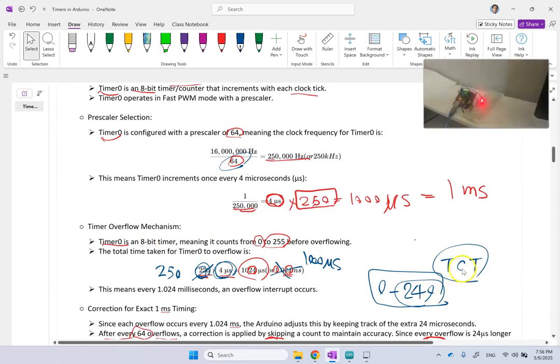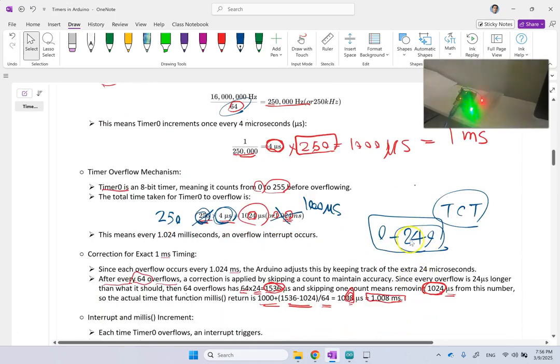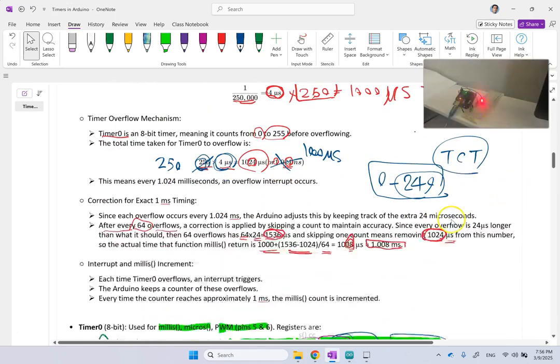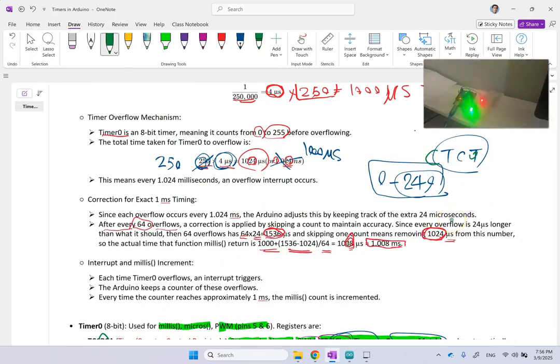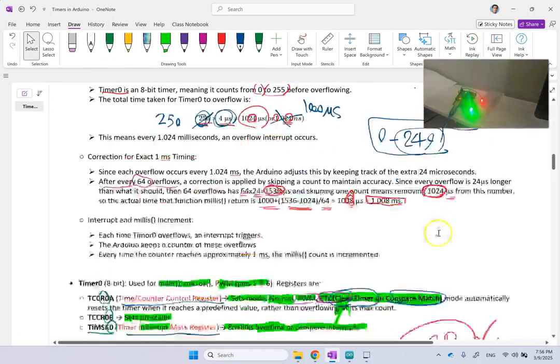Remember this case, if you only count from 0 to 249, not to 255, you can get exactly 1000 microseconds. So this compare mode, that is CTC, is really great for accurate timing.